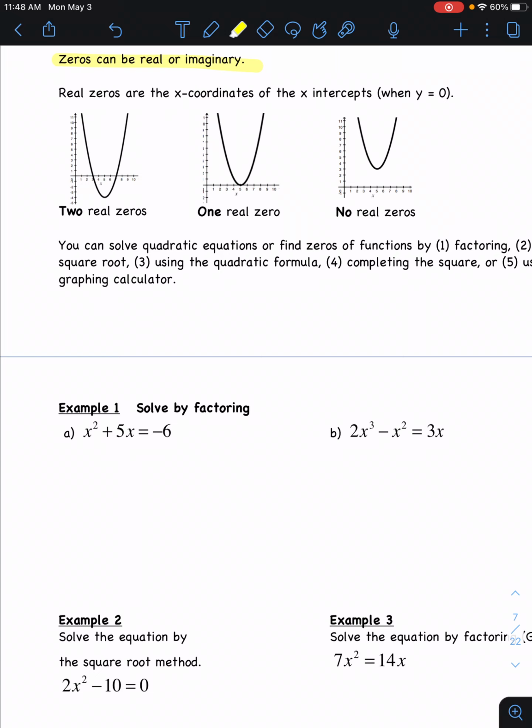That means the parabola would cross the x-axis in 2 different spots. One real zero would mean it would just touch it in one spot. It's not exactly crossing over. And then the third case would be no real zeros. That means we would have imaginary numbers in our solutions. Again, you'll see that in our upcoming assignment.